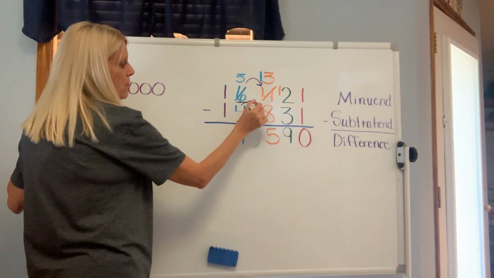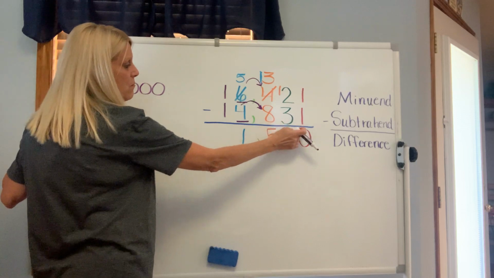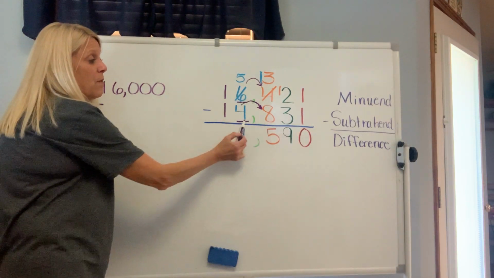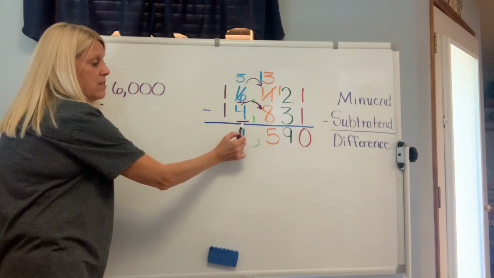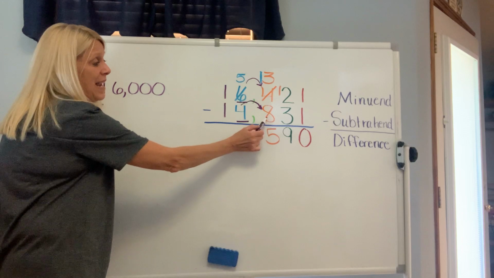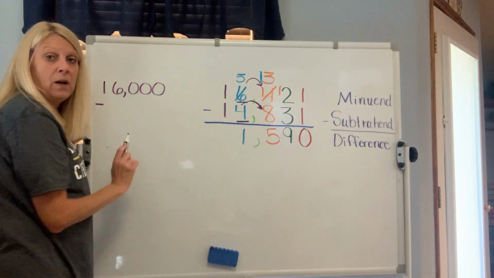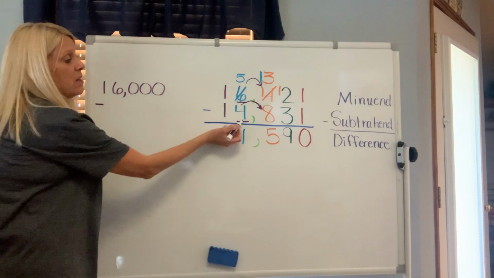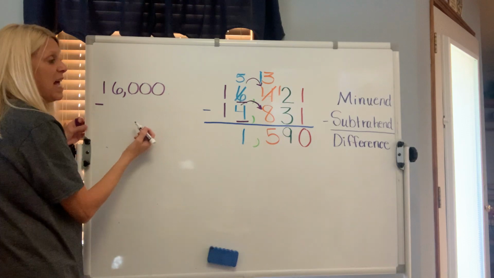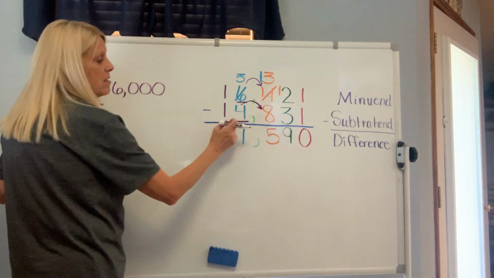Now I'm going to do the same thing with 14,831. Remember, we're rounding to the nearest thousand. I'm looking to the neighbor on the right. That 8 tells me that I'm going to go up 1. I'm going to add 1. So my 4 is going to become a 5. Everything to the right zaps to zeros.